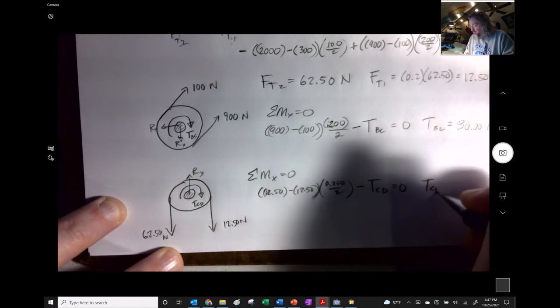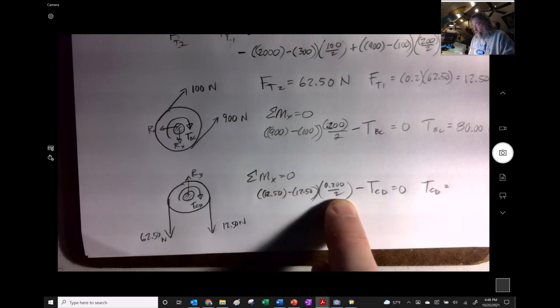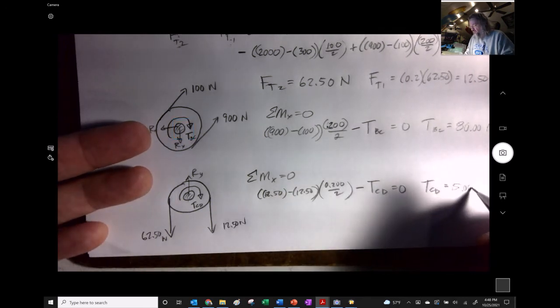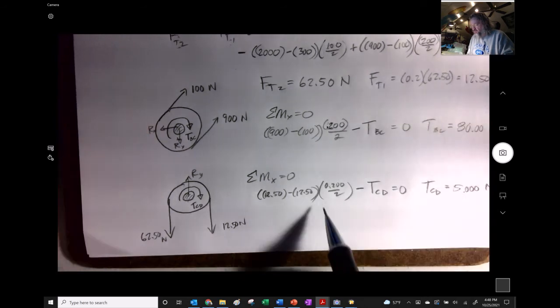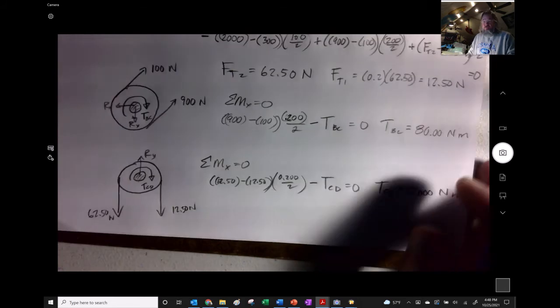So TCD is going to be 50 times 0.1, so that's going to be a very small 5 Newton meters. Is that correct? 0.1 times 50, sure. So there you go, there's your torques.